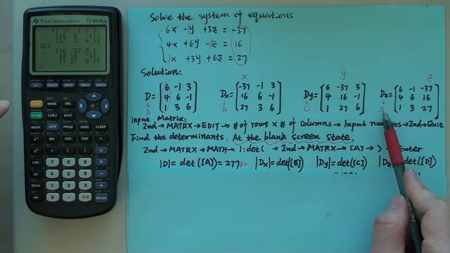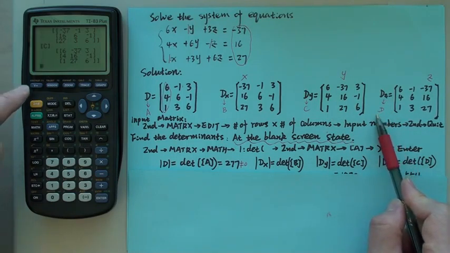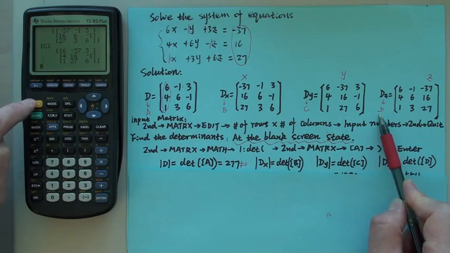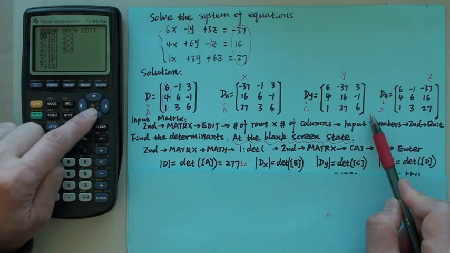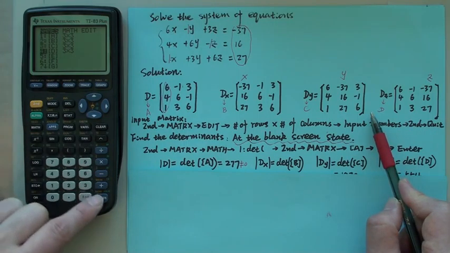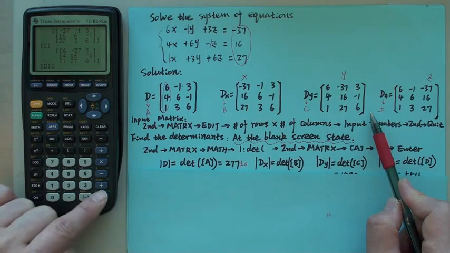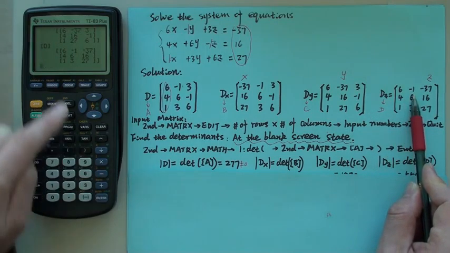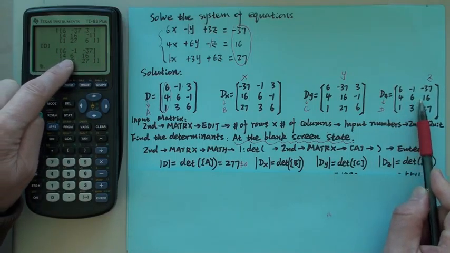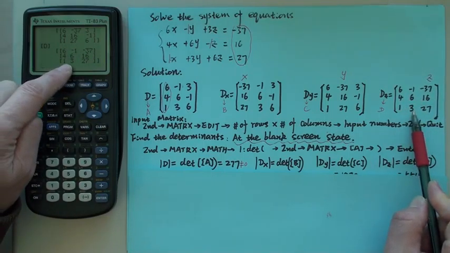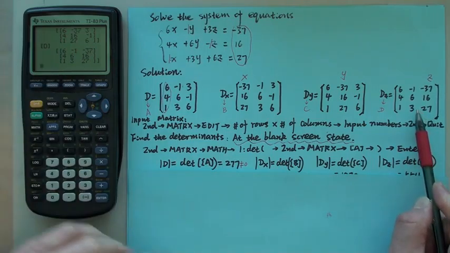You may also want to check D sub z. I put D in the calculator. So second, matrix. You may hit 4, or move the cursor down to 4, and hit enter. 6, negative 1, negative 37; 4, 6, 16; 1, 3, 27.